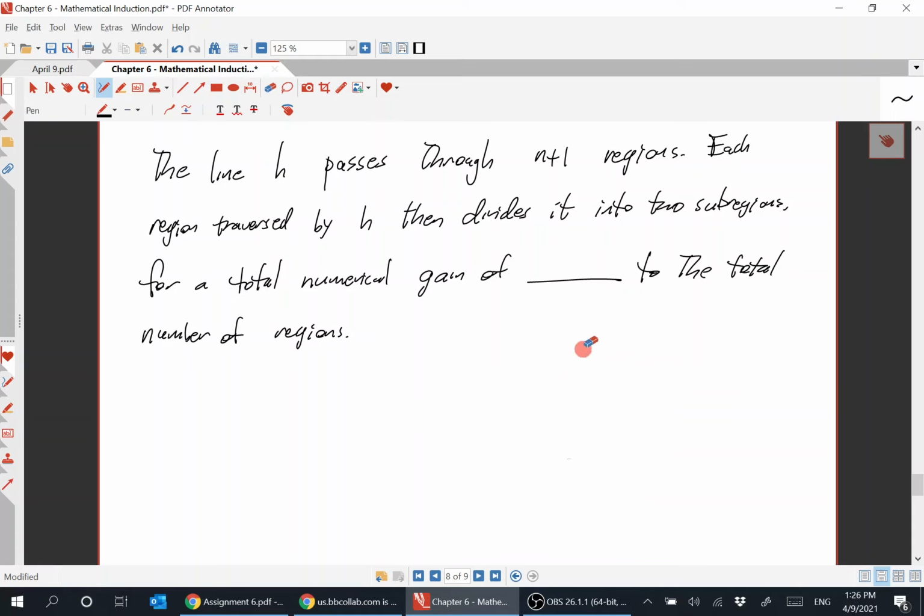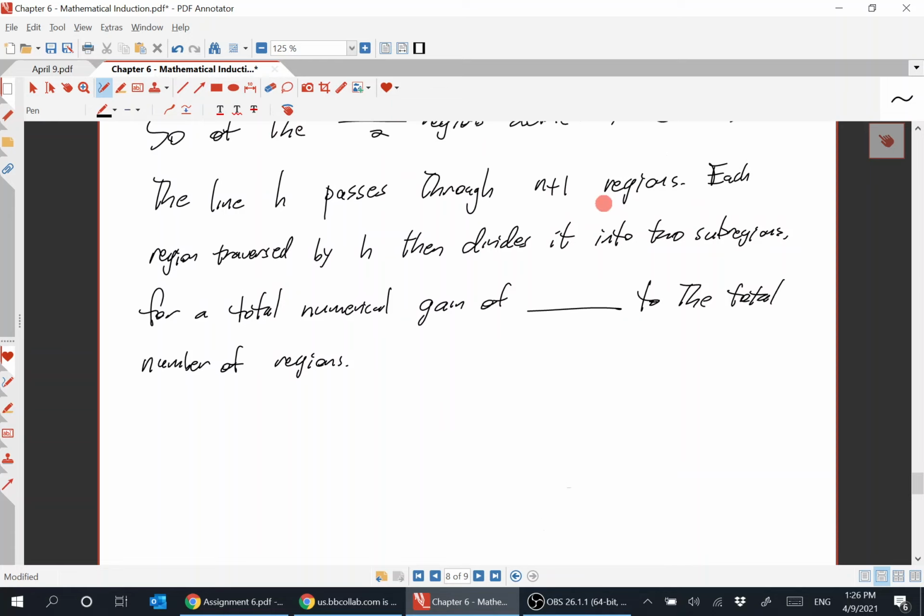So H passes through n plus 1 regions, gaining 1 region each time. So the total number of regions is increased by how much? We pass through this many regions, cutting each one into 2. Not n plus 2, just n plus 1 regions. Each region gets replaced by 2 subregions, so the big region is taken away and replaced by 2 smaller ones, therefore increasing the number of regions by 1 each time.